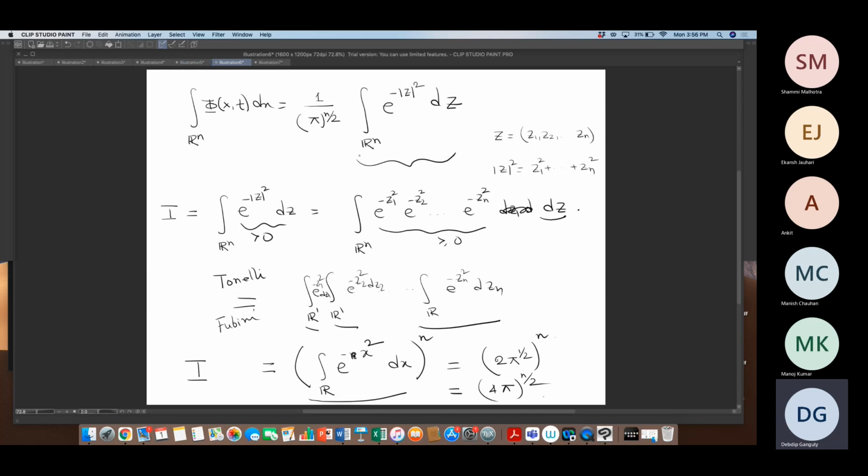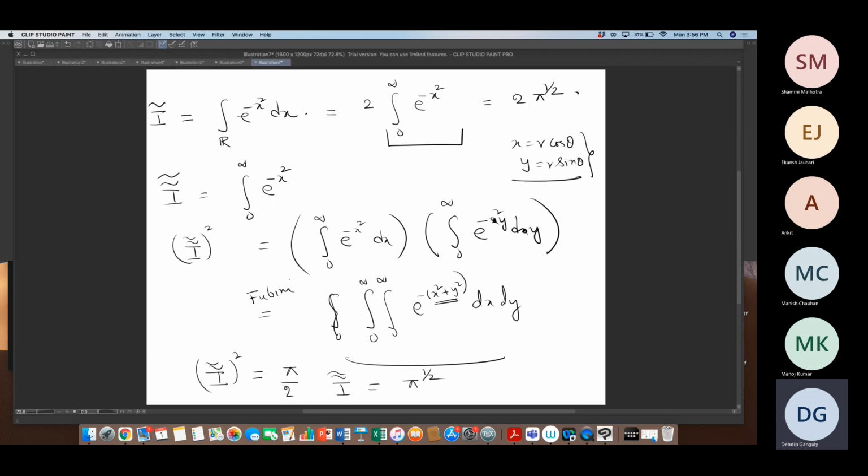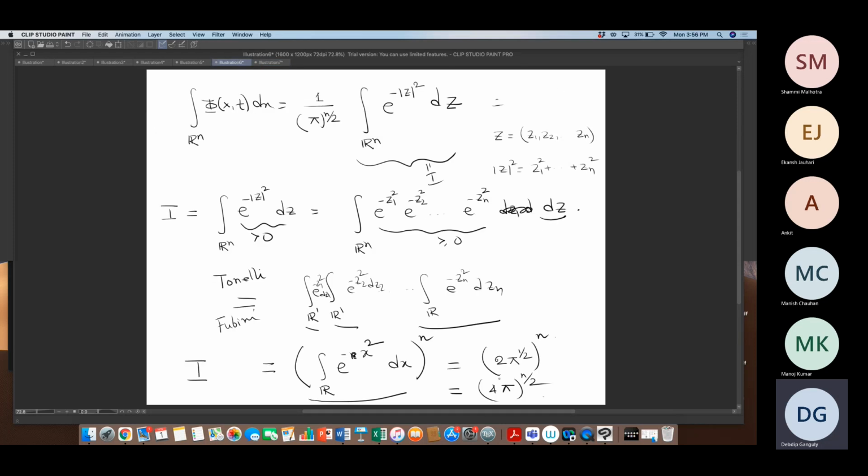This integral value is what I have named. So there is some problem with the 4, I think. Pi, or I think we will get pi by 2. Maybe I'm making some constant mistake with this 2 somewhere. You just check this one, please.